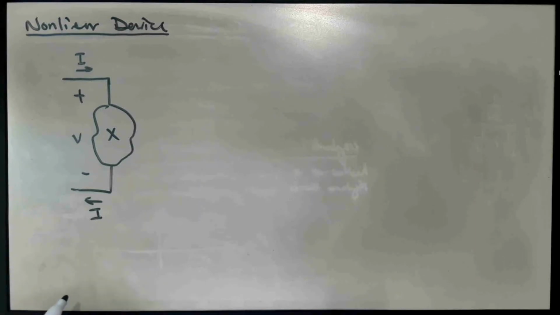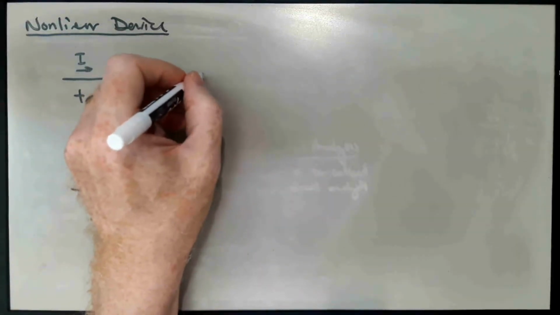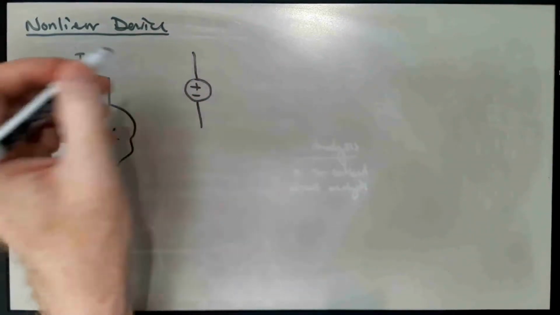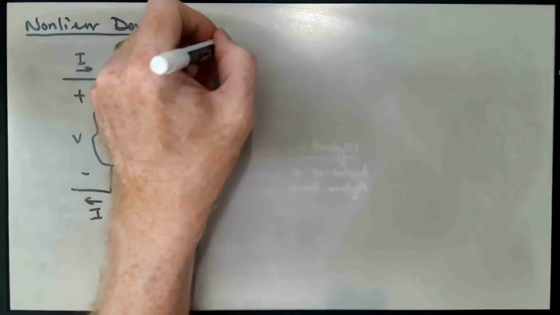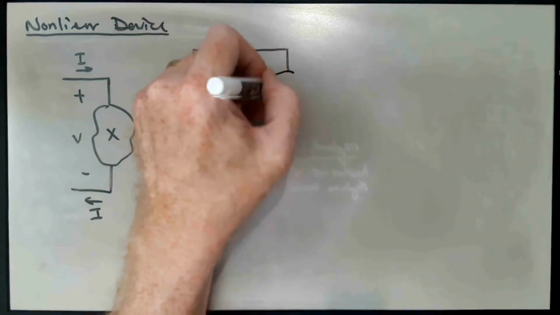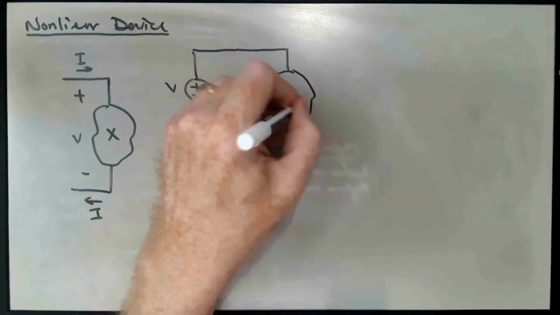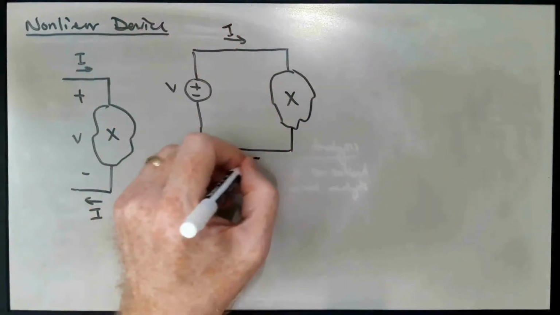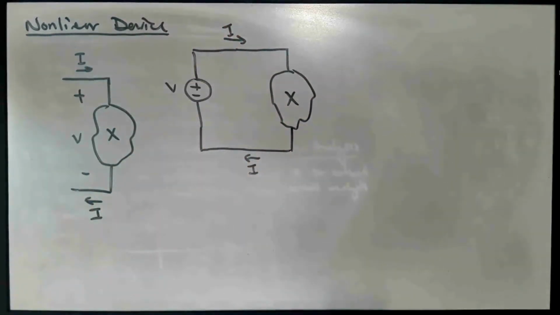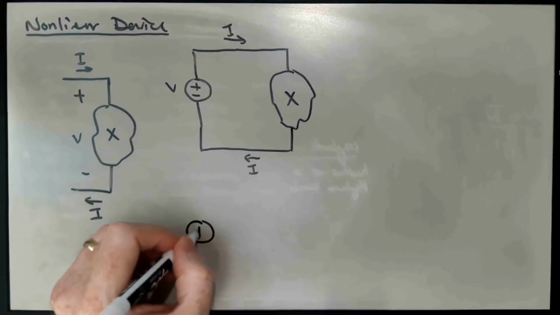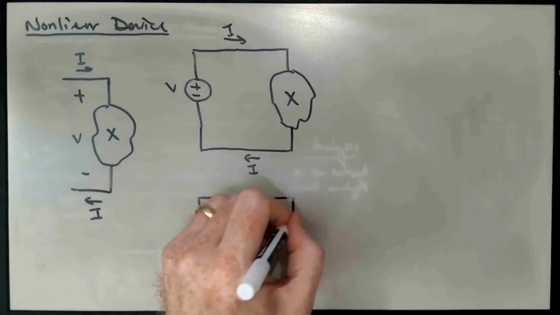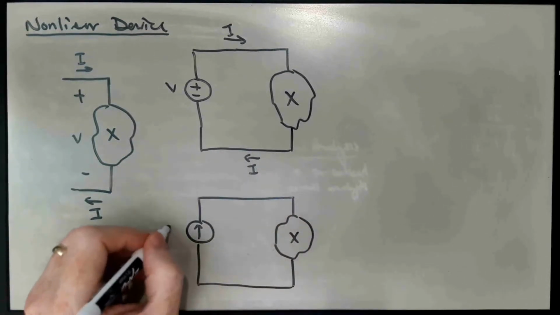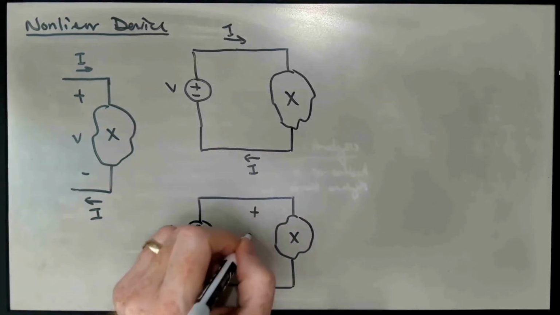Right? So we could imagine a scenario where we are connecting, let's say, a voltage source up to our device, and then the current results. Or we can imagine having a current source connected up to our device, and in that case it's the voltage which is sort of the dependent variable.